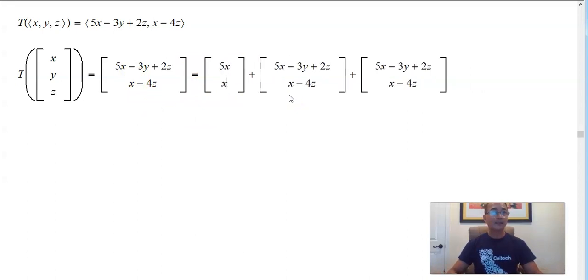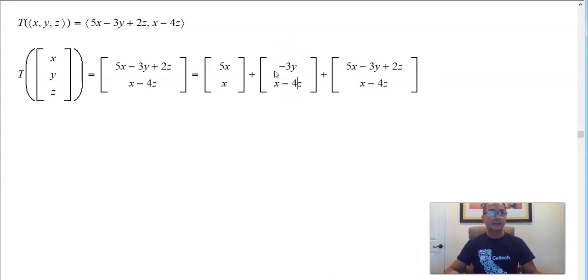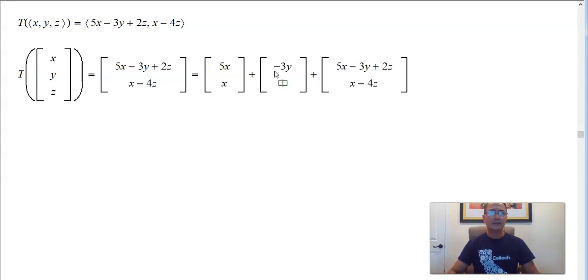Let's put only the x's in the first matrix. Next, let's put only y's in the second. Oh, there's no y there. 0. And z's only in the third component. Okay, so only x, only y, only z. All right, and do you remember what we do next?